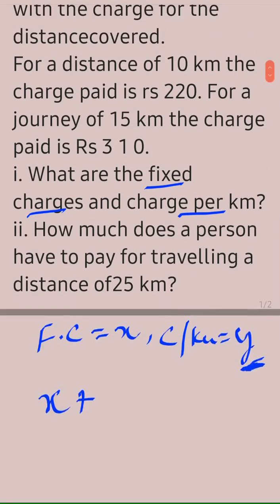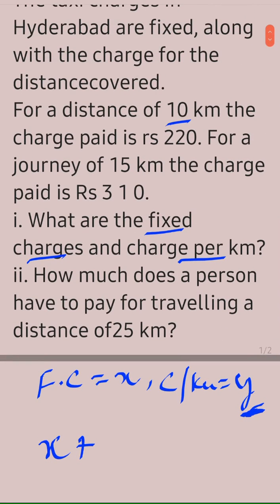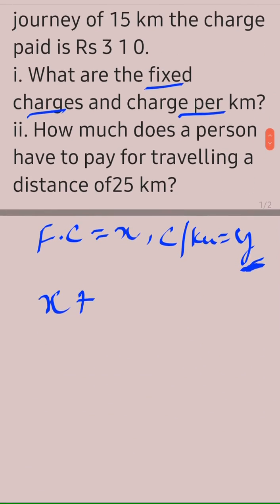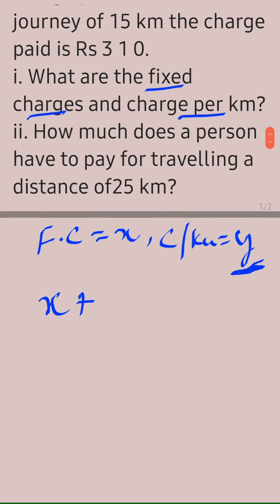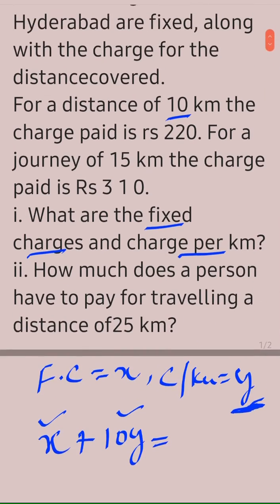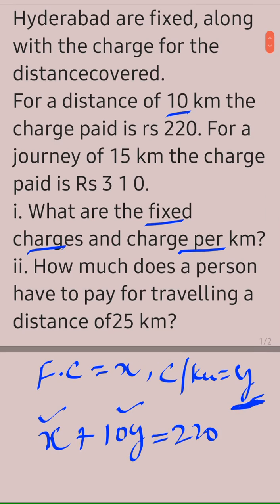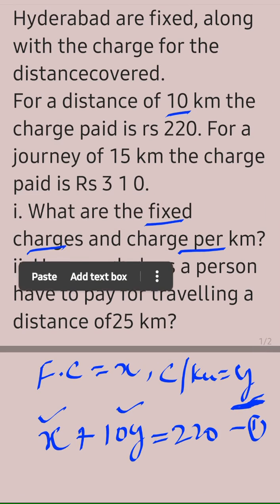For 10 kilometers, 1 kilometer is y rupees, so 10 kilometers is 10y. So the fixed charge plus this amount equals 220 rupees. This is the first equation. It's very easy, we just have to understand this.